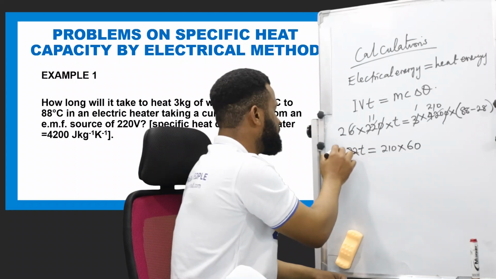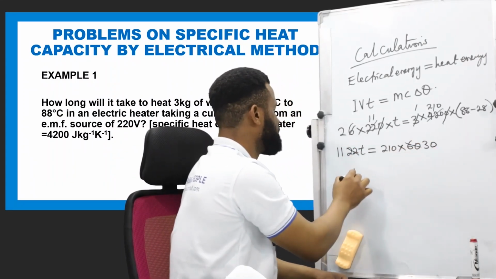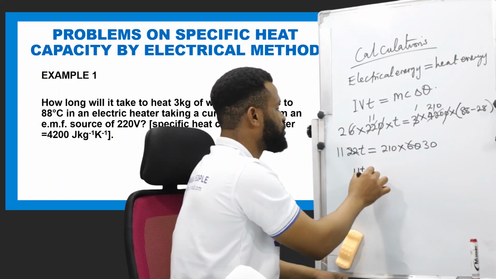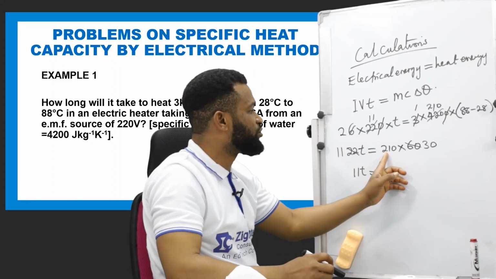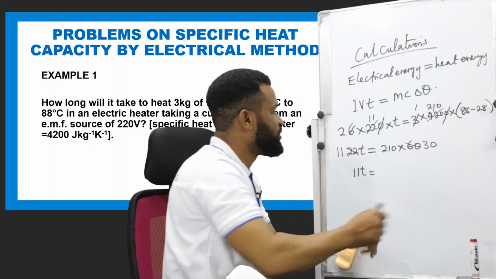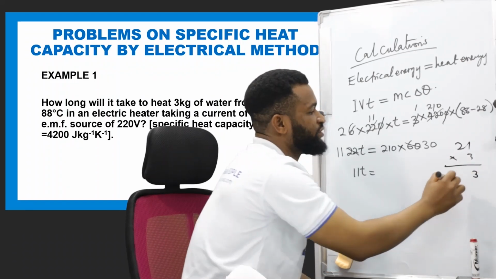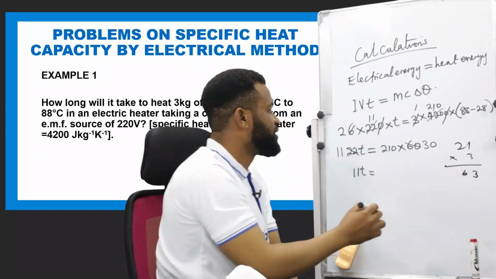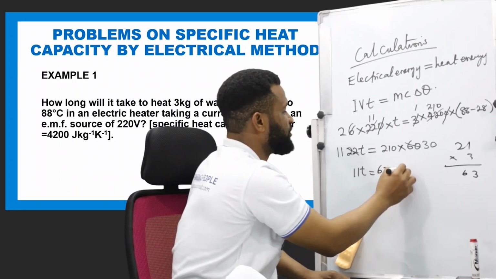Okay, 2 into this is 11. 2 into this is 30. So this is 11T is equal to 30 multiplied by this. 21 times 3 is 63. So I'm going to have 6300.